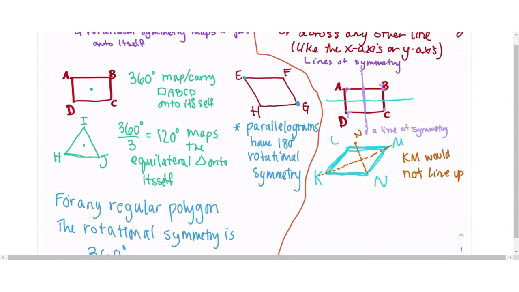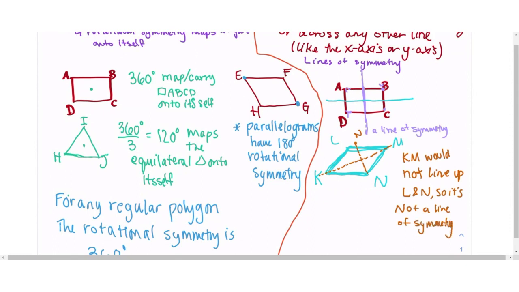L and N would not line up. So it's not a line of symmetry.